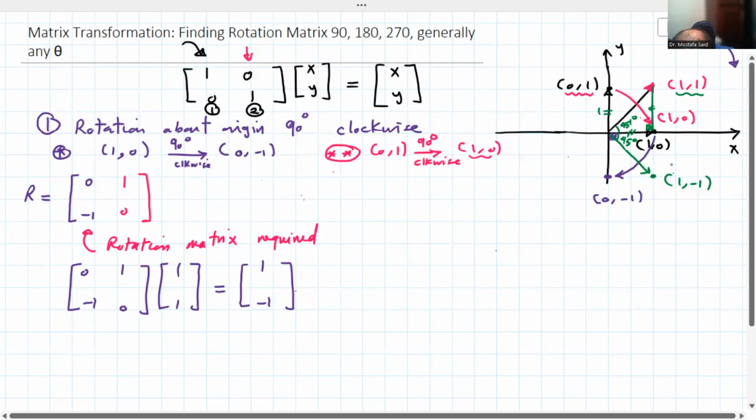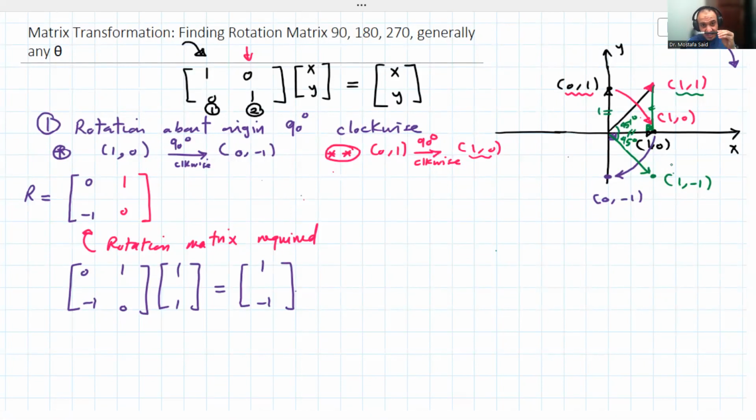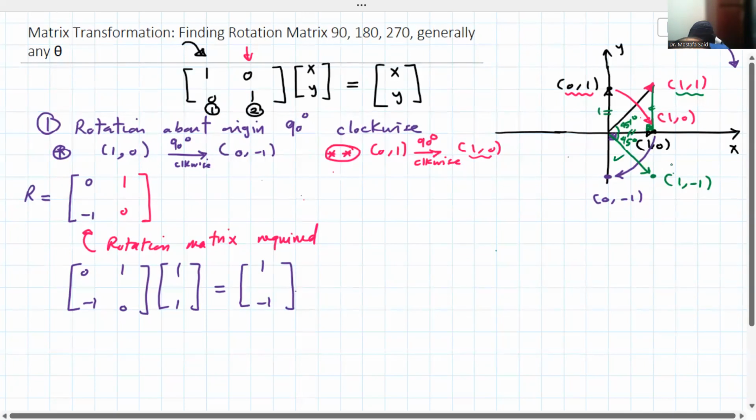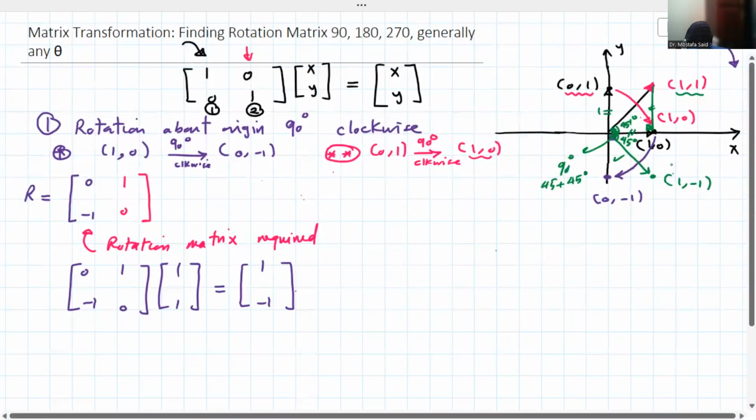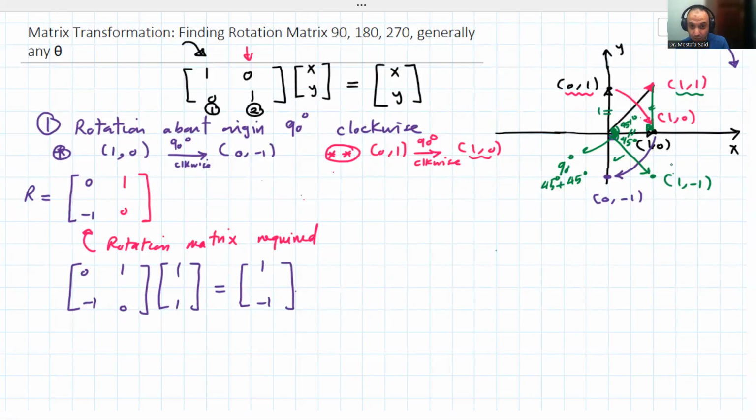When we rotate 90 degrees, we rotate first 45 degrees until we reach the x-axis, then another 45 degrees, and we end up in that location. This angle here is 90 degrees, 45 plus 45. That's correct, right? So we verified that what we did with multiplication can also be deduced geometrically.